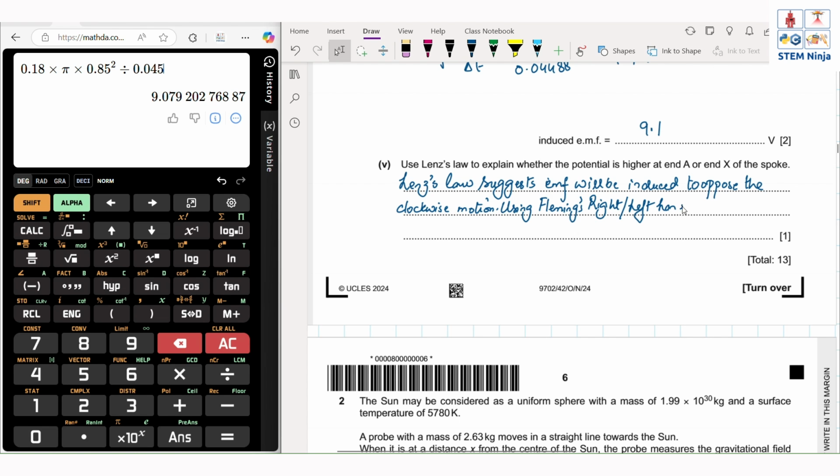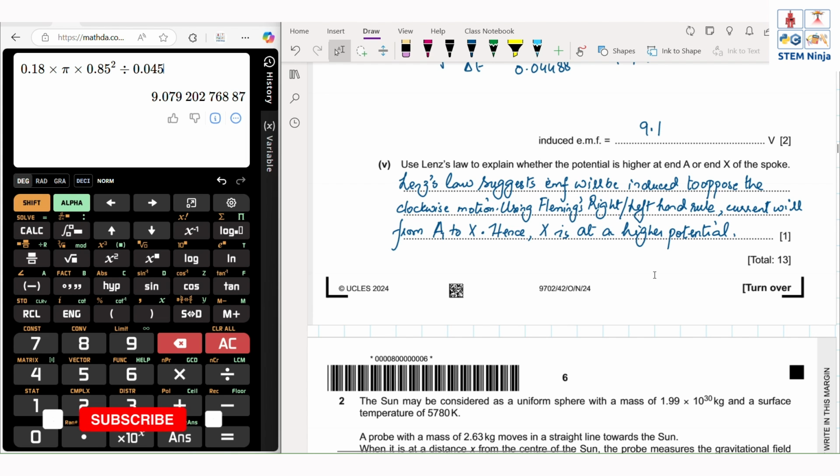Left hand rule: current will flow from A to X. Hence, X is at a higher potential. That's it. That's all we have to say.